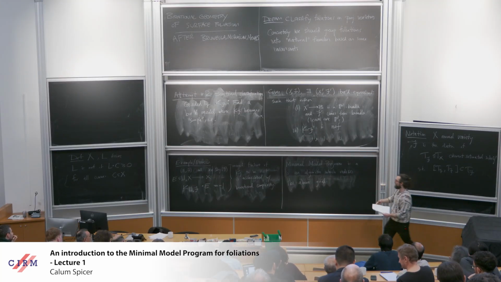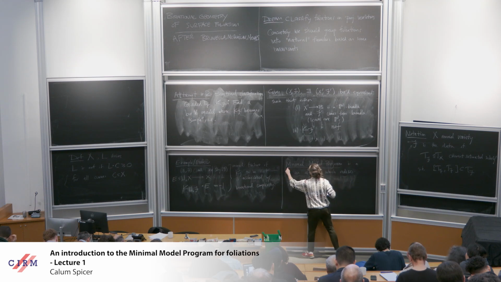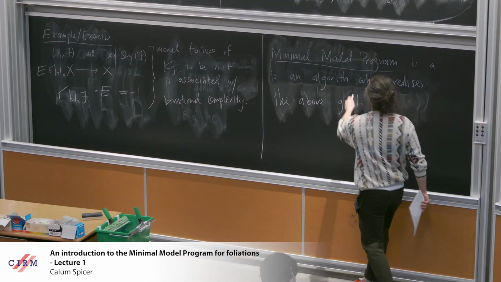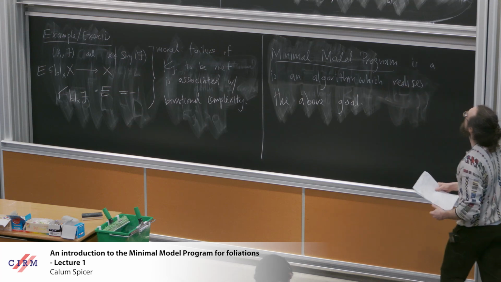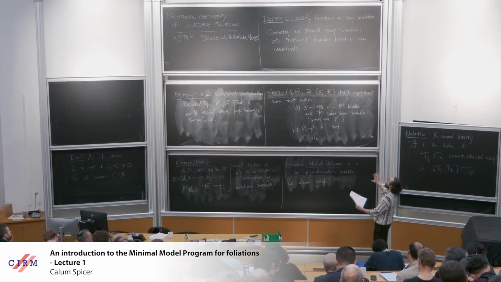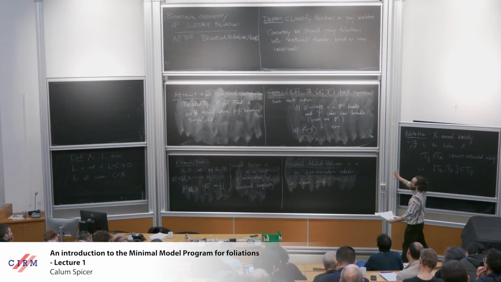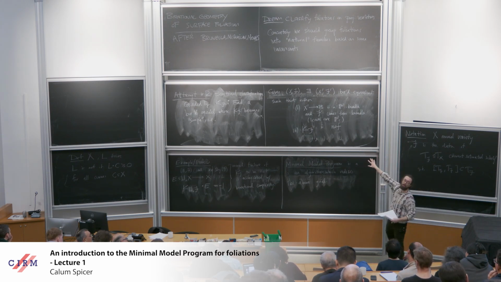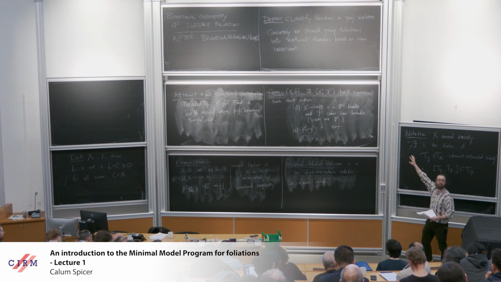I'll describe what the minimal model program is, but the whole point is that it's an algorithmic process to simplify the birational complexity of a foliated surface. And what it will do is either turn your foliation into a P1 bundle, or turn it into a foliation where KF' is NEF. So it does one of these two things.